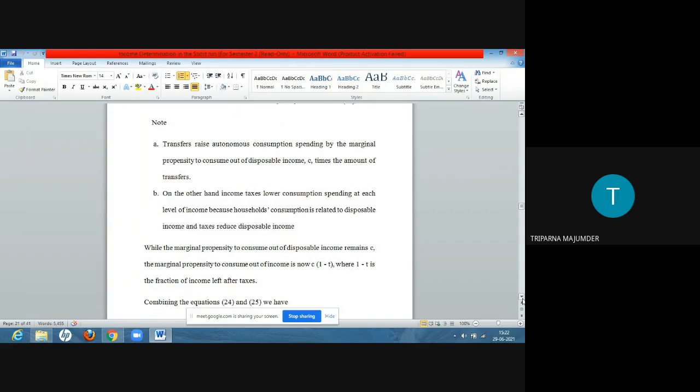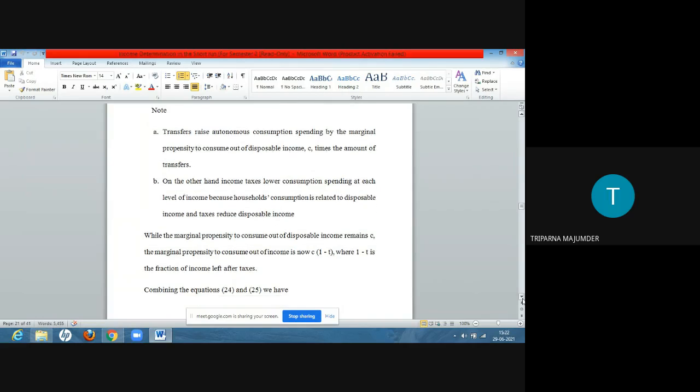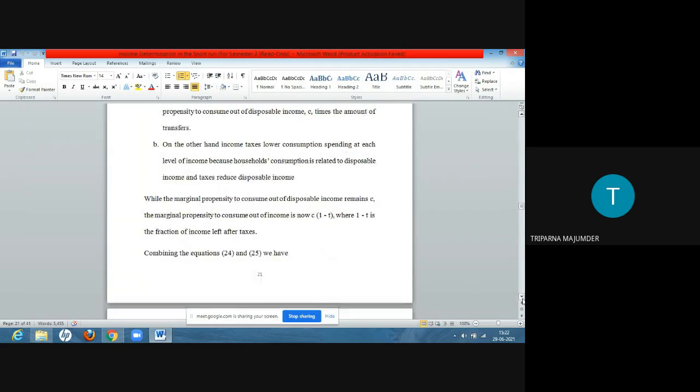So we find that transfers increase autonomous consumption and taxes reduce consumption expenditure through the fall in disposable income.